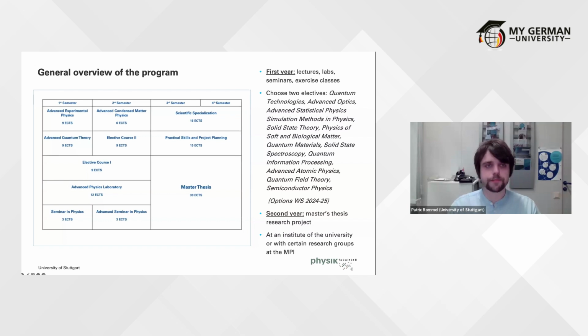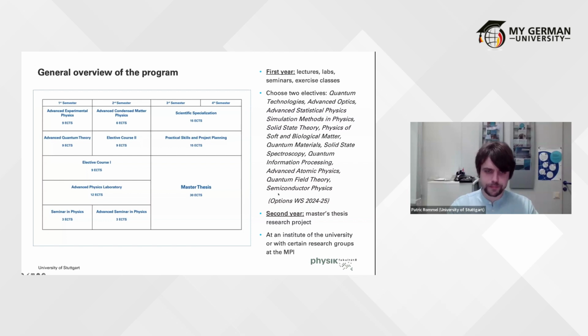In the second year of the program, you can really focus completely on your 1-year research project. The second year, after you finish the lectures and so on, really only consists of joining an institute at the university, or also certain research groups at the Max Planck Institutes here. You can join the research group and do a research project for a whole year.